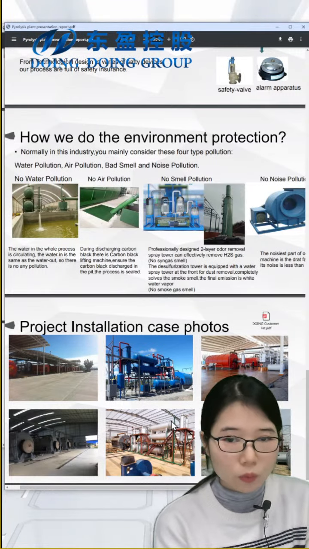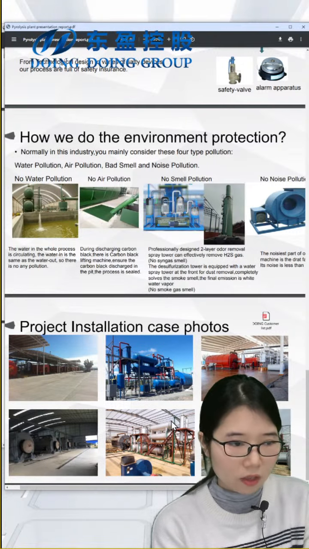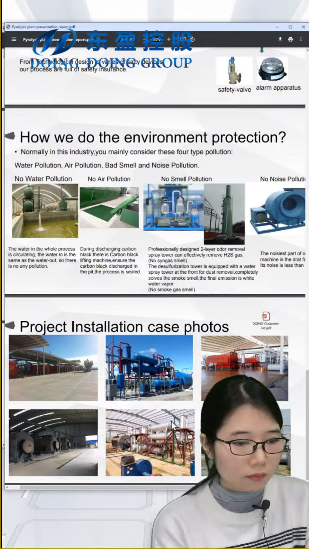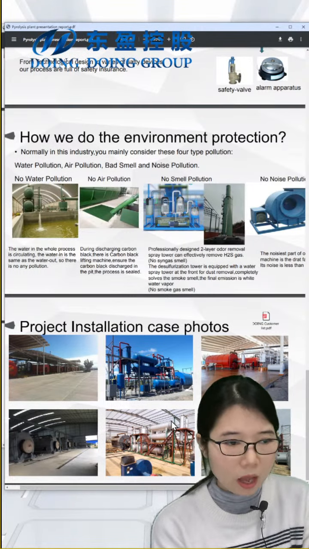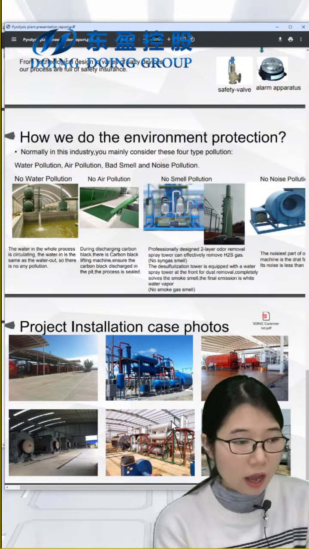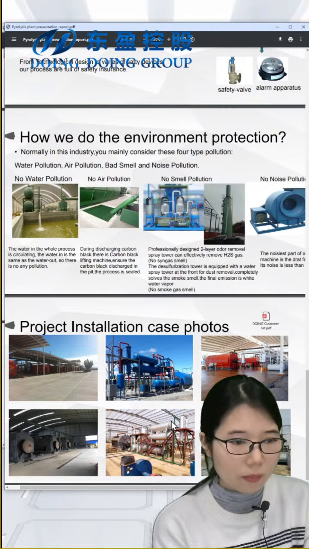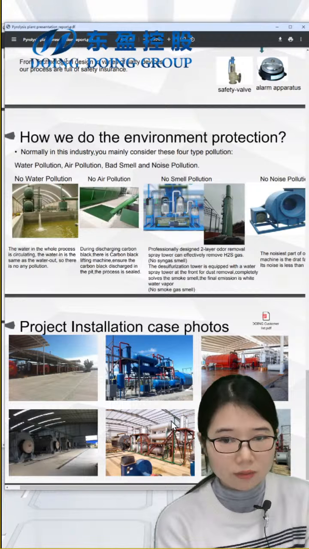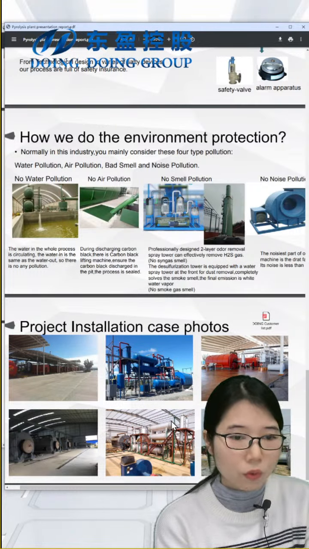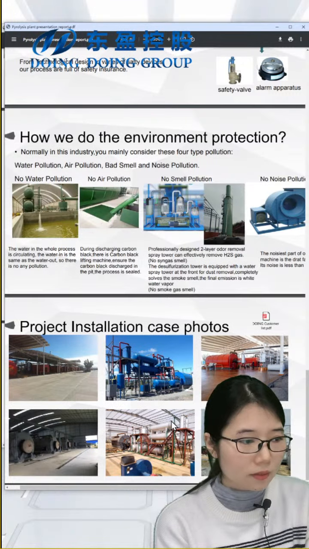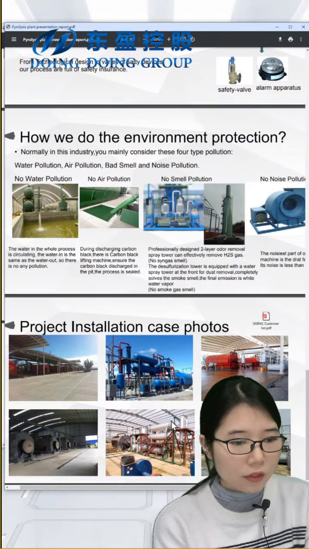Finally, you will get all the technology of the machine. So you can know our project is almost a turnkey project. You don't need to worry about anything. After that, if you have any questions about running the machine, you can contact our sales manager at any time. We will provide long life service for you.